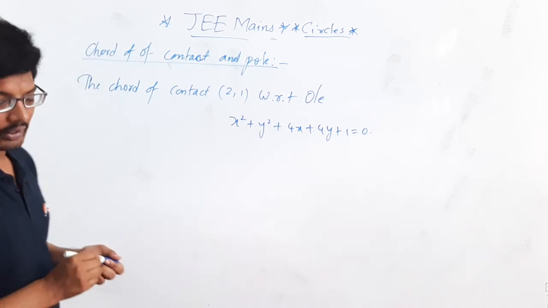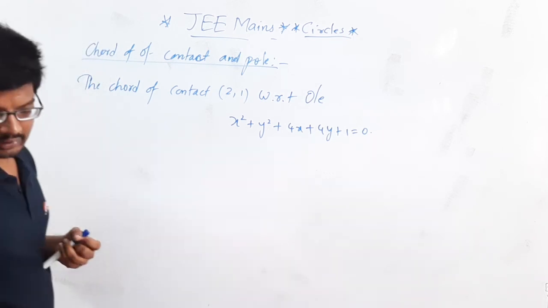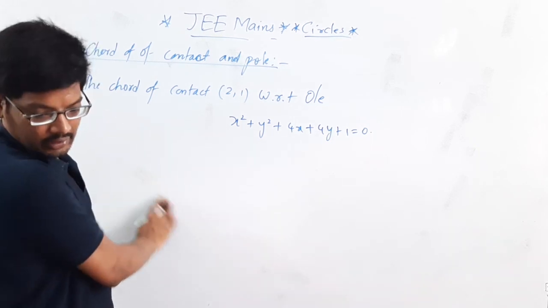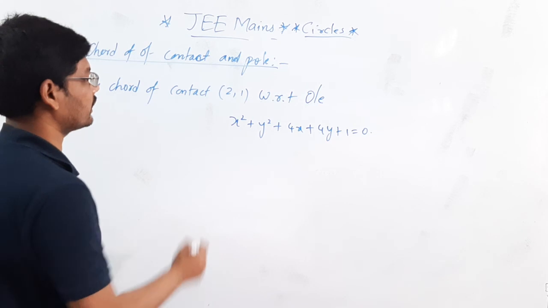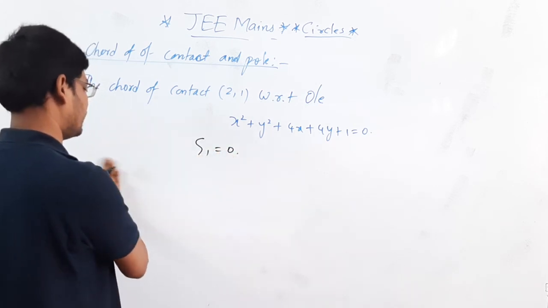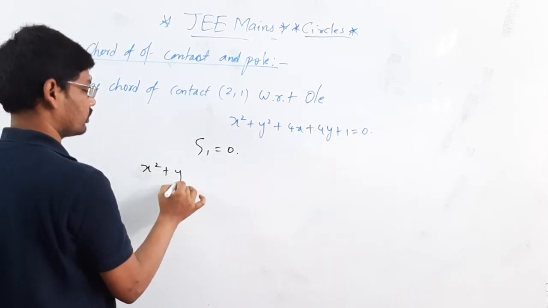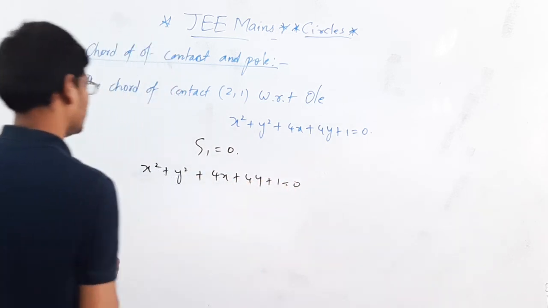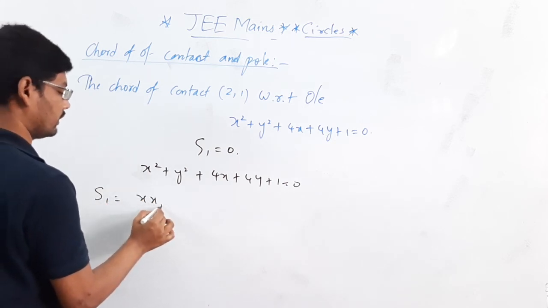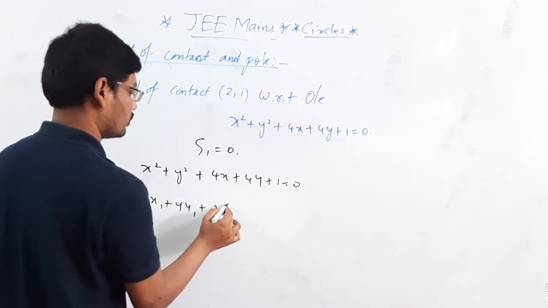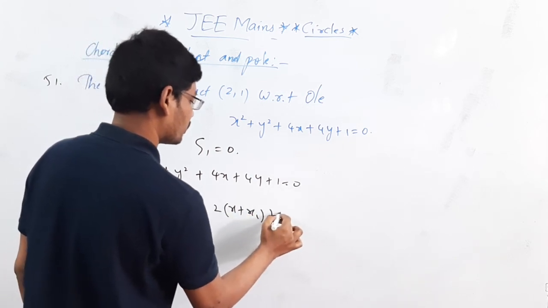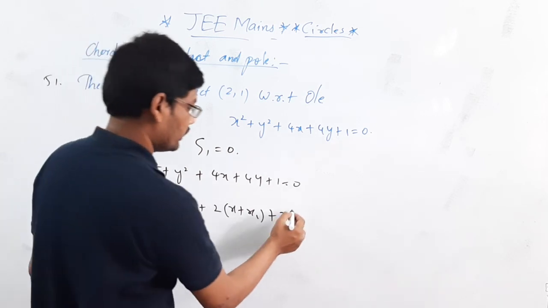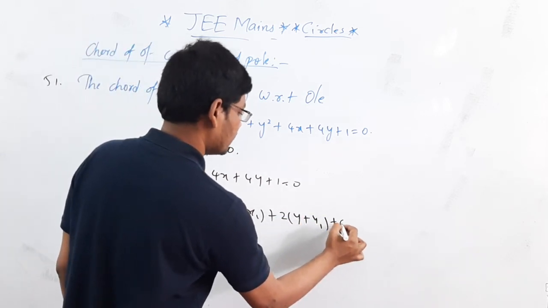This is question number 51. If you want to find the chord of contact, we just need to use T is equal to 0. Given the equation x square plus y square plus 4x plus 4y plus 1 is equal to 0, T is x x1 plus y y1 plus 2 into x plus x1 plus 2 into y plus y1 plus c is equal to 0.